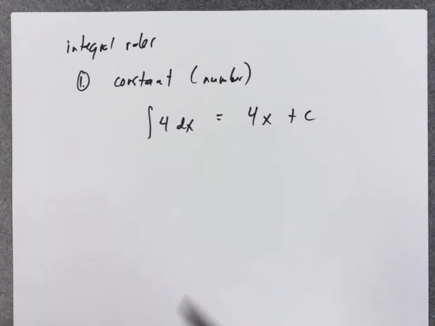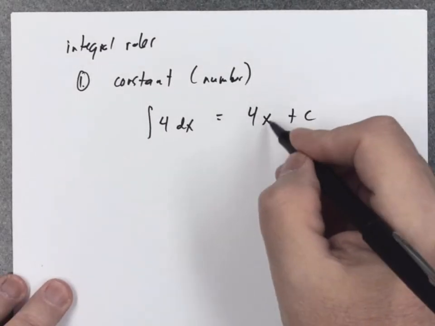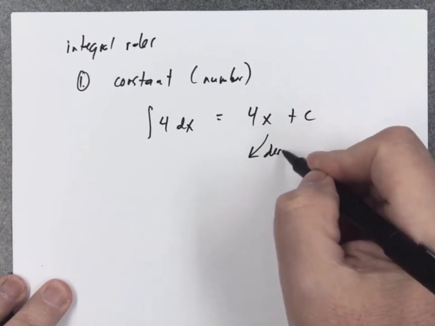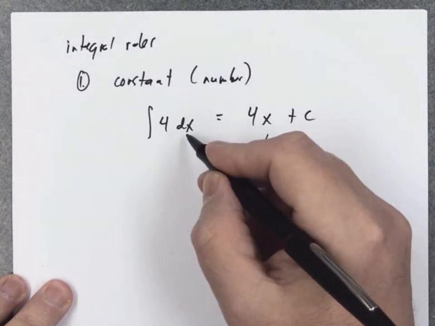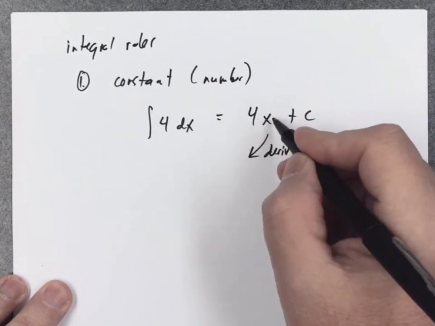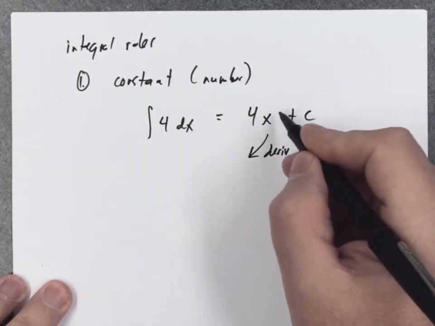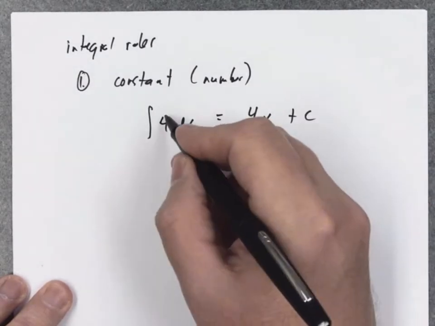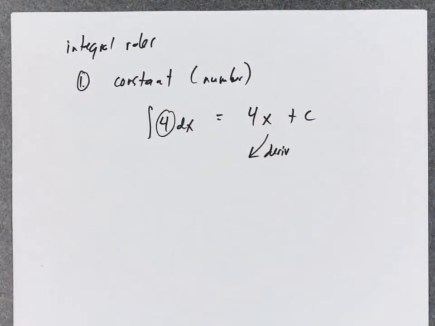Let's check it, right? I keep saying, if I were to take this and I took the derivative, I should get back to where I started. What's the derivative of 4x plus a constant? With a constant 0, derivative of 4x is just 4. You're back to where you started.